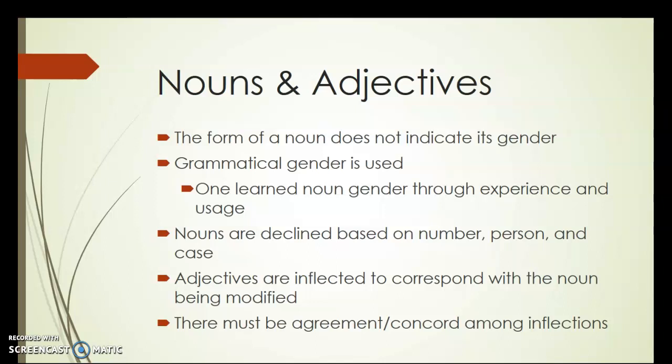Okay? Adjectives are inflected or declined to correspond with the noun being modified because there must be agreement on the sentence level. So, if an adjective is modifying a masculine plural noun that is also a third person subject, the adjective will also be inflected to fit those parameters of masculine, plural, third person subject.